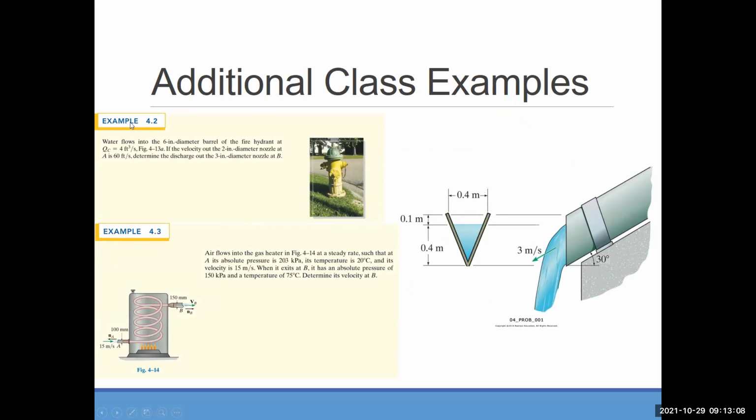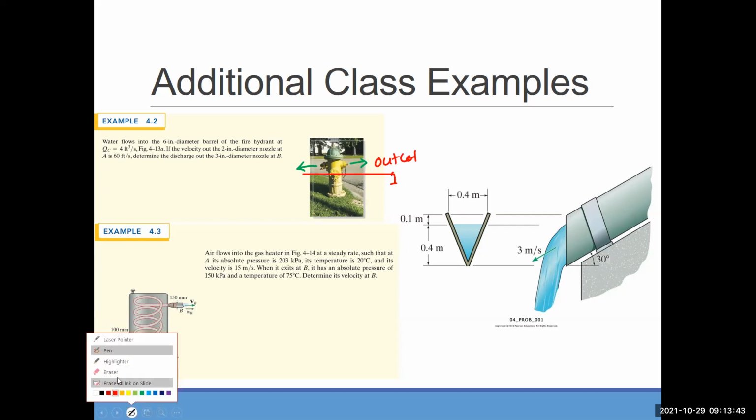So class example 4.2 and 4.3, that is from your textbook. If you prefer the color version, you can look at your textbook. You will get the colored version, but your copy is the black and white one. So here, the example 4.2 is for liquid, okay? And this is a fire extinguisher. You have two outlets, the same diameter and everything. If I say that one is outlet 1 or outlet A or B, something like that.